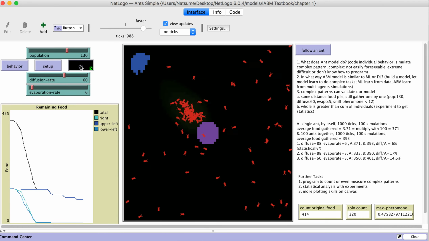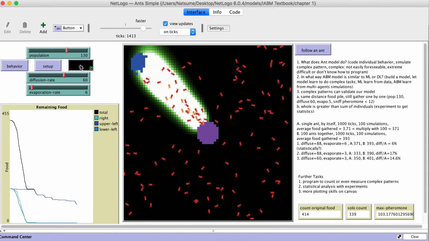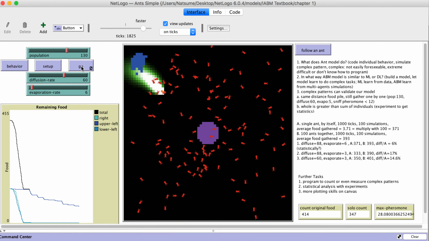So that is a very complex phenomenon because we would assume that, given the two piles of food have equal amounts and the same distance to the nest, both piles of food will disappear at the same time, because there should be no prejudice against one food over the other.